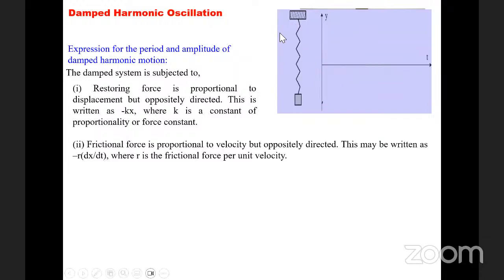Here the spring is attached in which medium? Air. Okay, getting my point? In air there are some particles or molecules residing. Due to the air particles, there are frictional forces.